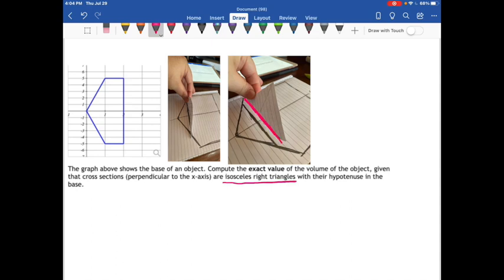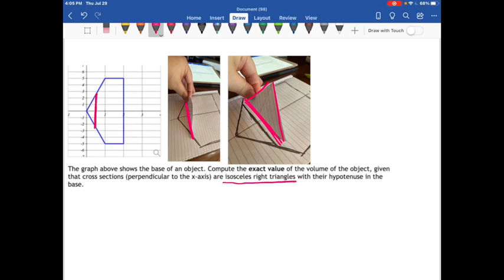So this edge here of the triangle is going to touch and be the base for the line across the x-axis, perpendicular to the x-axis. So it's going to pop out of the page. And if you imagine we have an infinite number of these cross sections in here, and we use integration to find that whole volume. So we're just layering all these slices together really close, creating this volume.